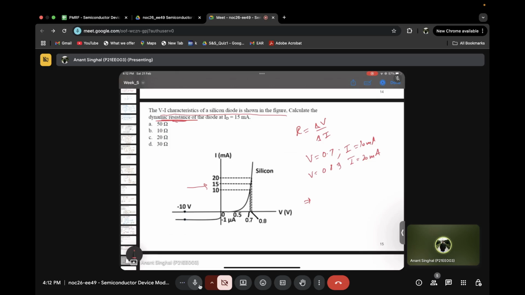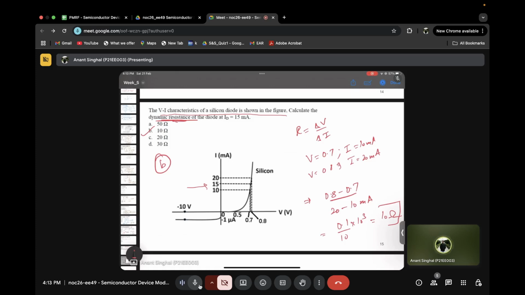So it will be 0.8 minus 0.7 divided by 20 minus 10 milliamps. So this is 0.1 by 10 milli, that means 10 to the power 3. That means 10 ohms, which is option B. Is this clear?